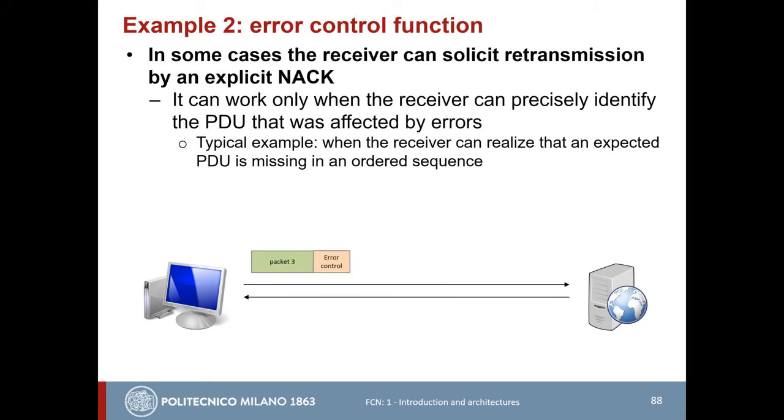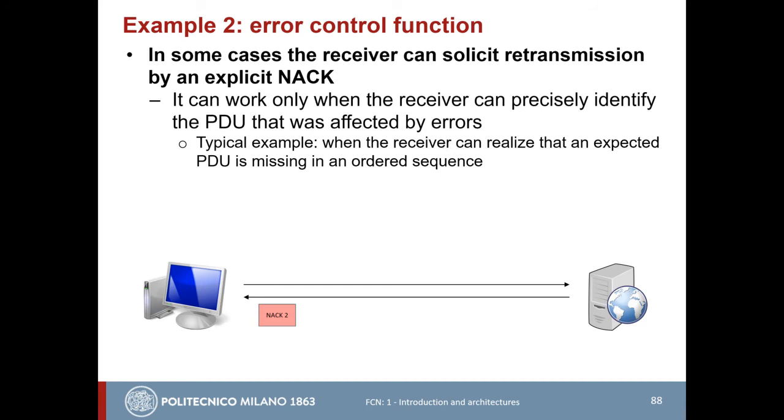Only when the receiver receives another packet, and the packets are in an ordered sequence, can it understand that the previous packet was lost. So in this case, when the next packet is received correctly, the receiver can send back a negative acknowledgement.